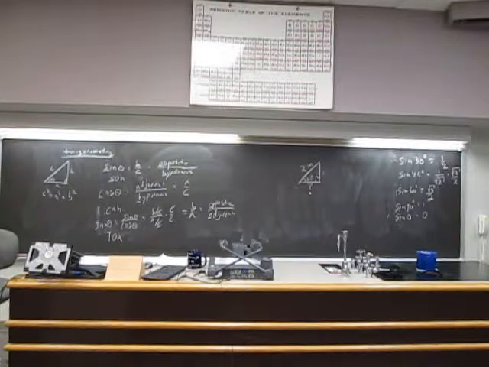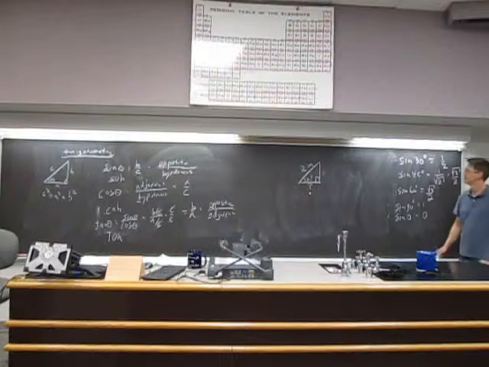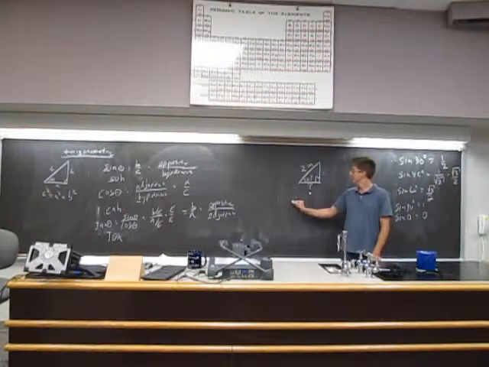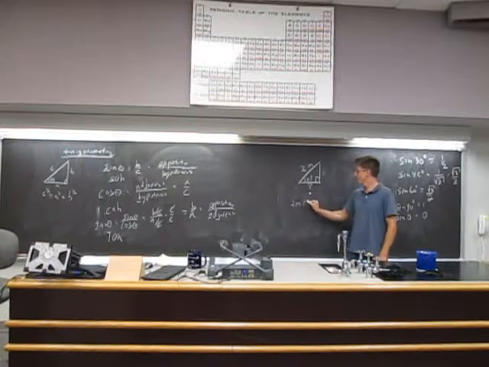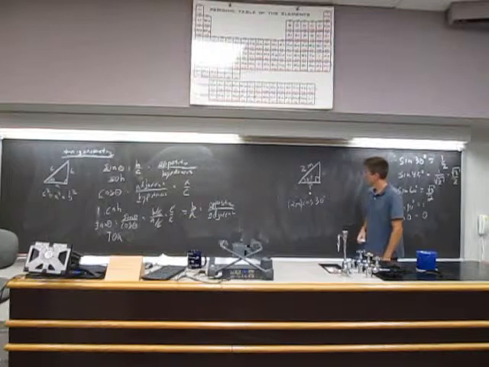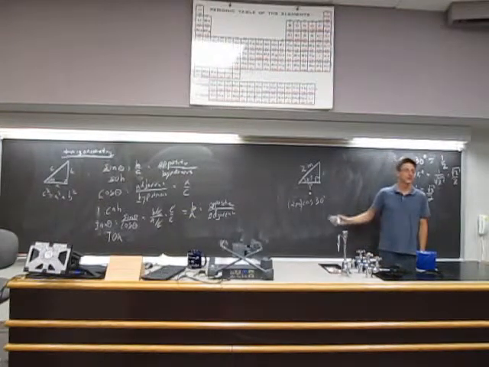What did you get? Cosine of 30 times 2 meters will equal about 1.7 meters. All right, so 2 meters cosine of 30. Is that what everyone had? Mm-hmm. All right, let's see how you get that.